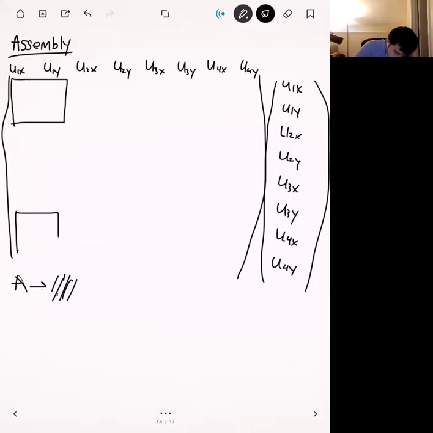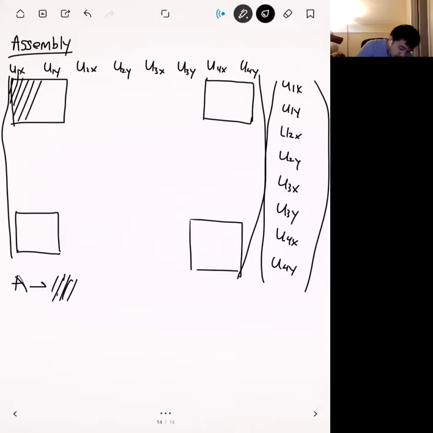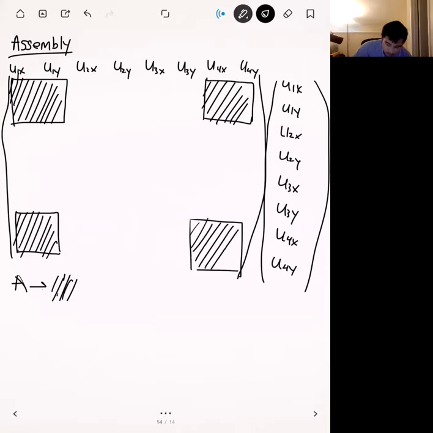Then we're going to go into the 1, 4 slot, and then the 4, 1 slot. And then finally onto the 4, 4 slot. So let's fill these in with slanted lines.